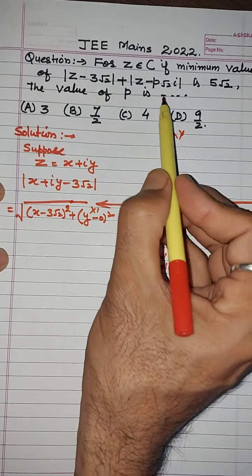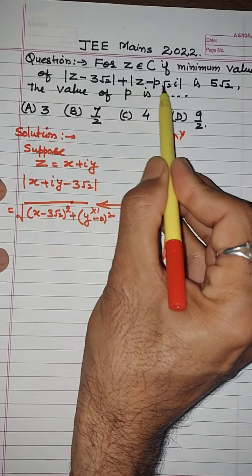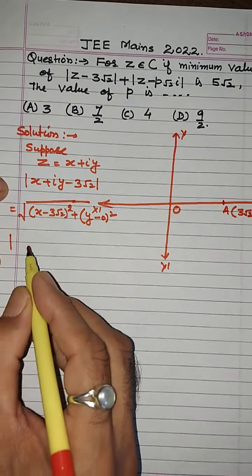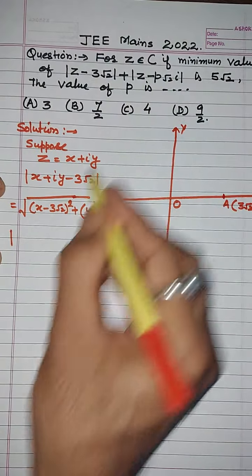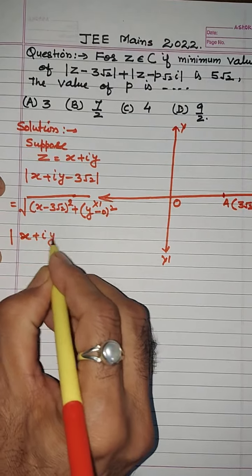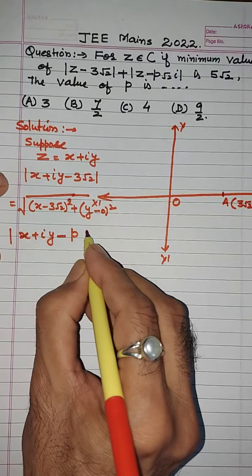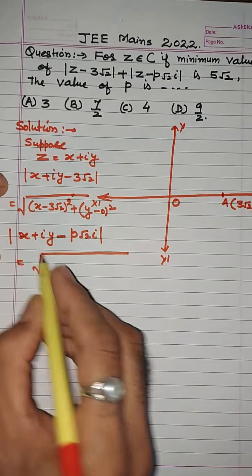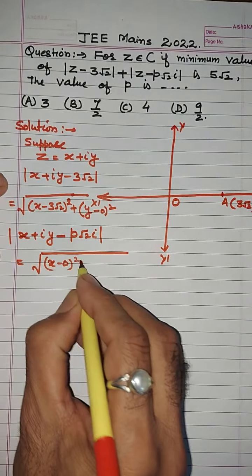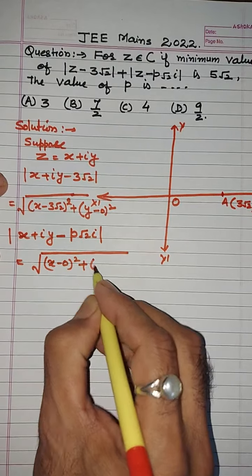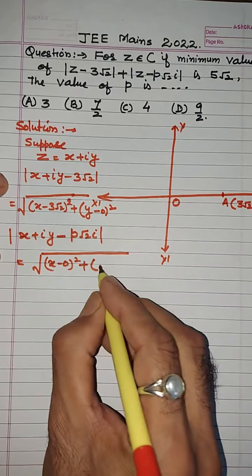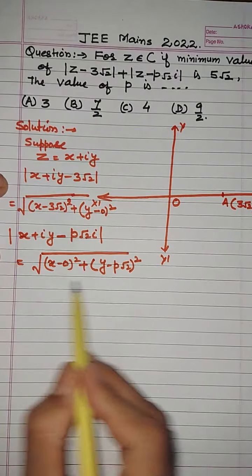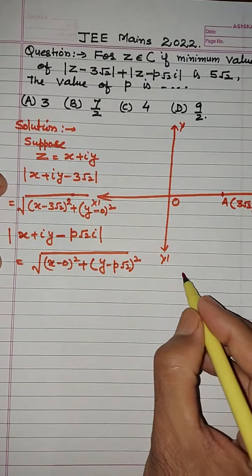Similarly, if we see the second part, modulus of z minus p root 2 iota, we can write this as modulus of x plus iota y minus p root 2 iota. This is the square root of x minus 0 whole square plus the imaginary part, y minus p root 2, whole square. Then we compare this with the distance formula.